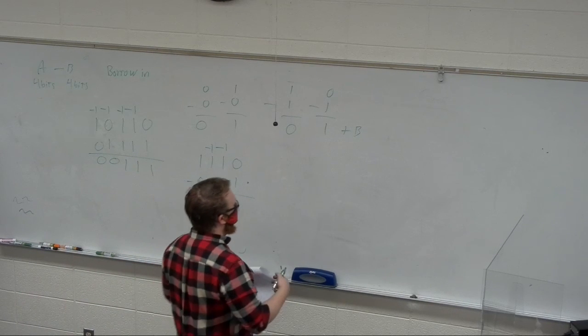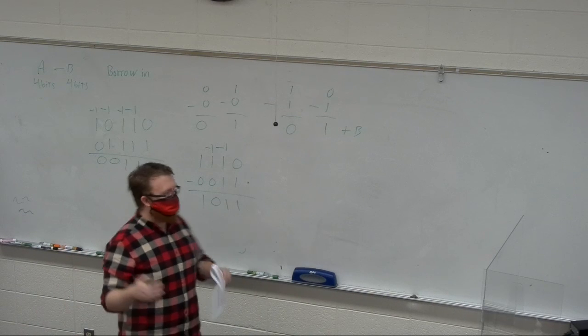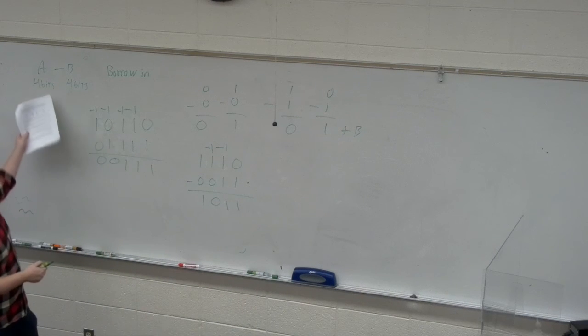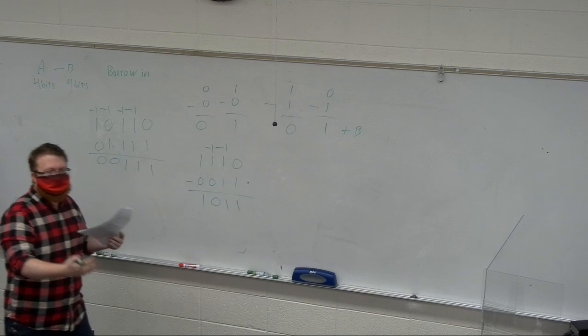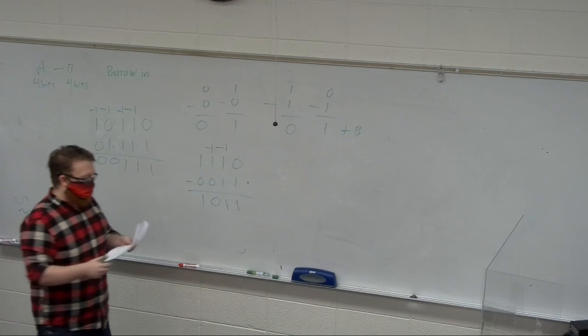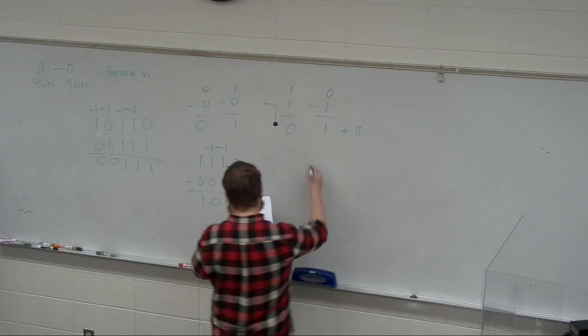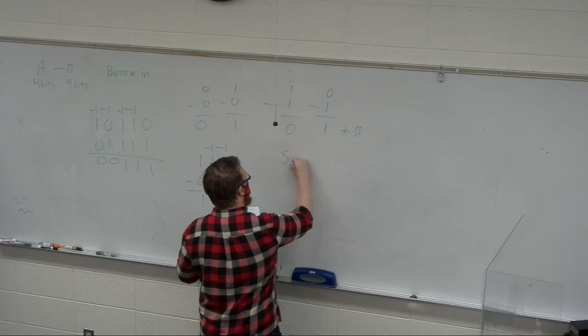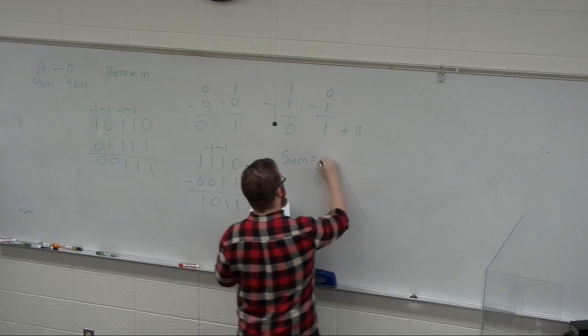But the general idea is that if you add 2 to the n, where n is the number of bits that you have, to this, then you are doing the same thing as complementing the number. That's a little bit of math trickery that is outside of the scope of this. But you can say something like this is true.